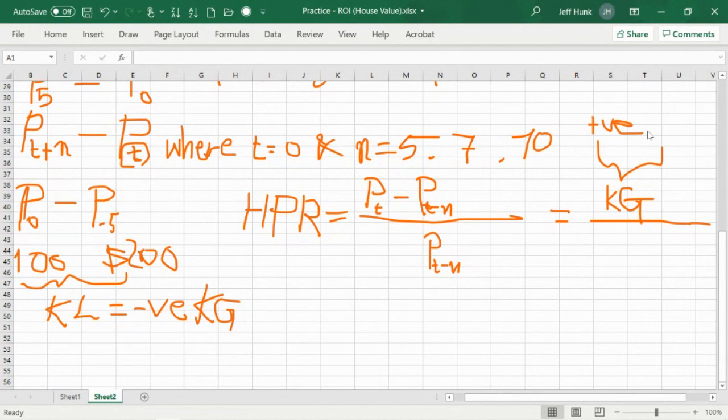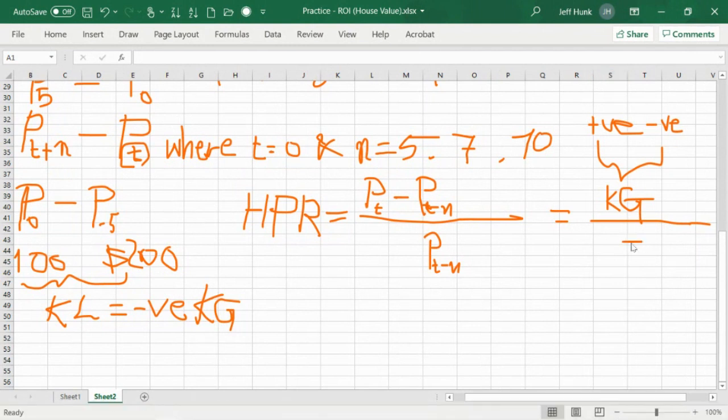The capital gain is the return on investment in dollars, but return on investment must be expressed as a percentage, the rate.